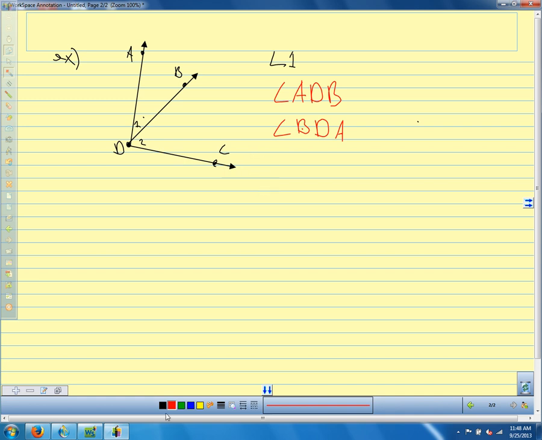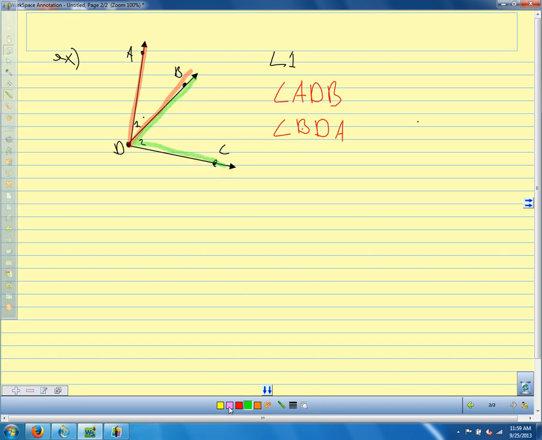How many angles are here? Not just names, just how many angles do we have? There's this one. So let me highlight. So we have this one. I have this one, right?